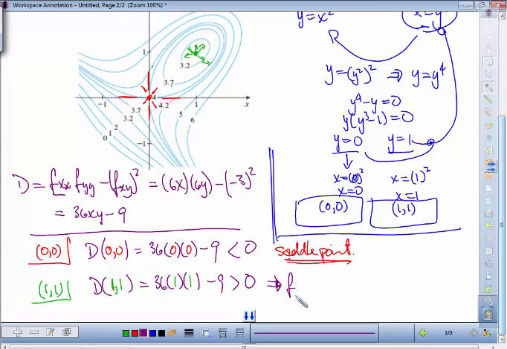I have to go back to fxx, which we found to be 6x. And then I want to put in that point 1, 1 in there. So there's no y's, but that doesn't matter. There is an x that we put in there. X is equal to 1. And again, I don't care what this value is. I just care whether this is positive or negative. And in this case, it's positive.